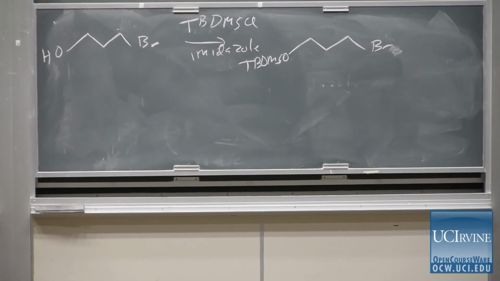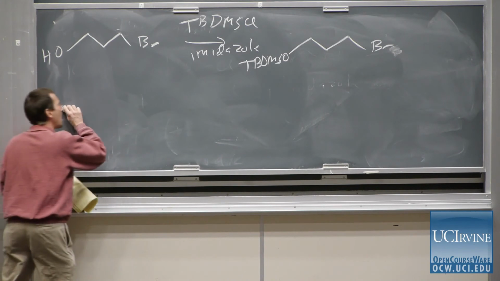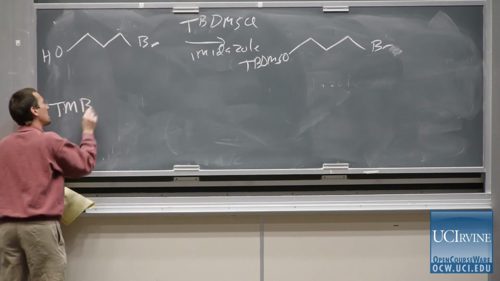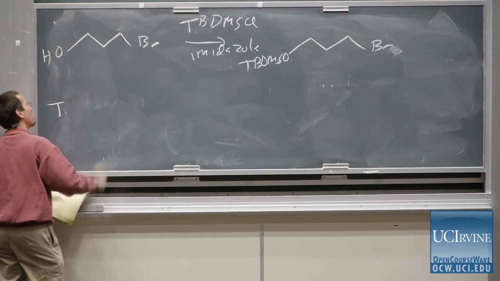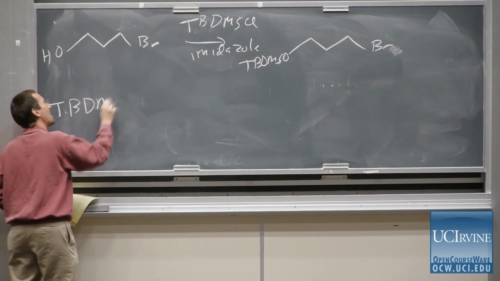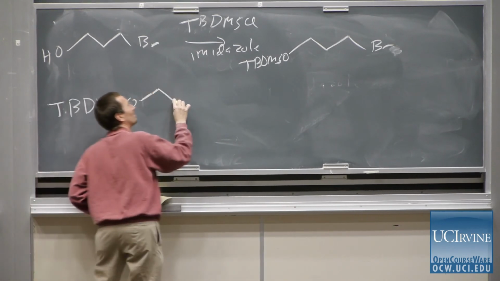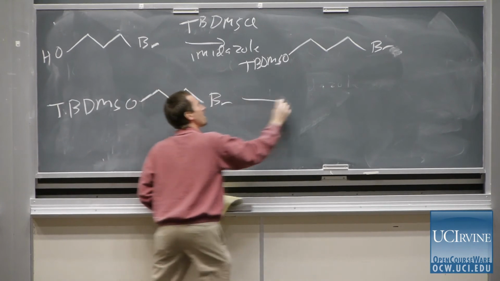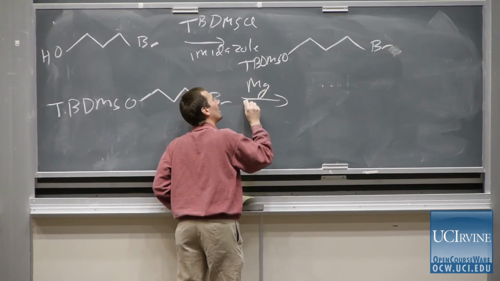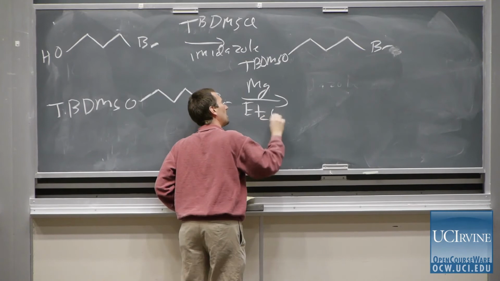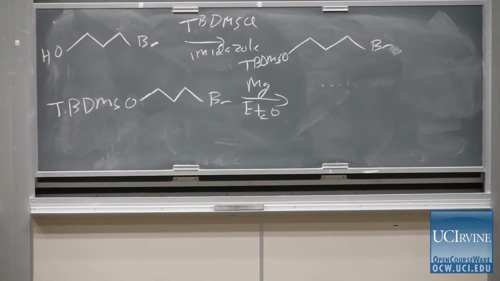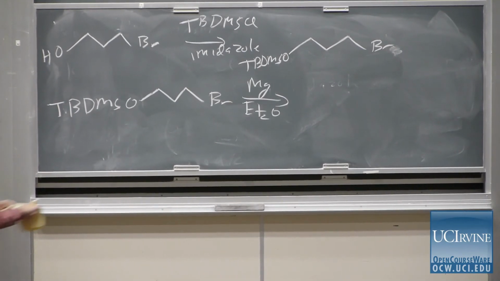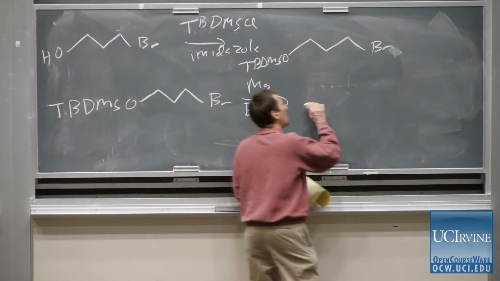As I said, Johnny would write it as the TBS ether to save room. Now, if we treat our TBDMS ether with magnesium in diethyl ether, now we can generate a Grignard reagent that's the equivalent of the Grignard reagent that we couldn't make.